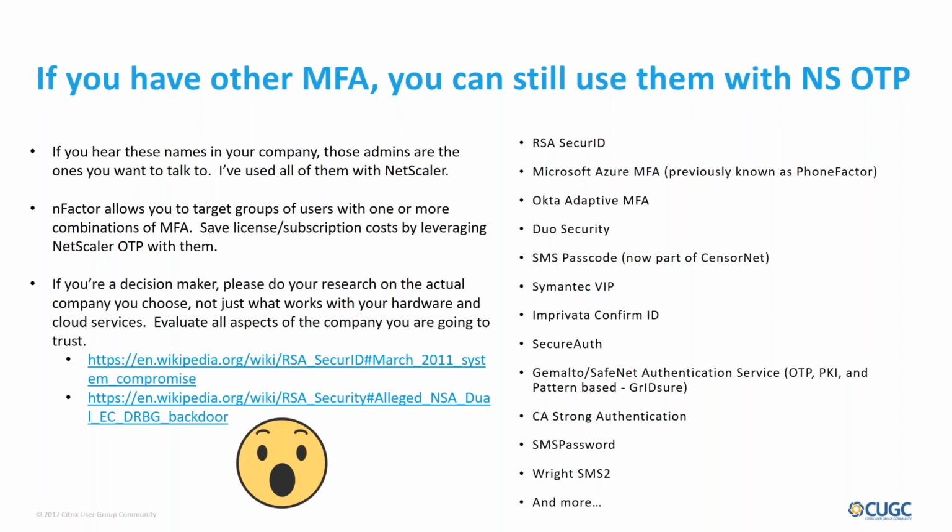Now, if you're a decision maker, I want you to know that you should please do your research on any company that you choose to work with. Evaluate all aspects of the company. There are RSA SecurID tokens, you're going to have to beat up on them a little bit because they're very well known. But 2011 was the big compromise. But then afterwards there were some allegations of backdoors being built in and so on.